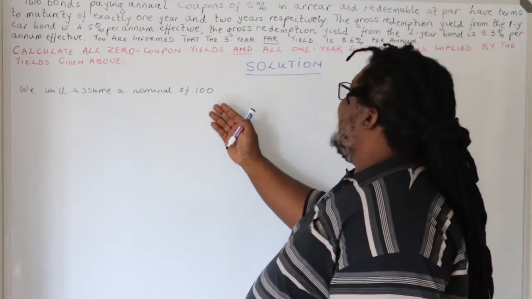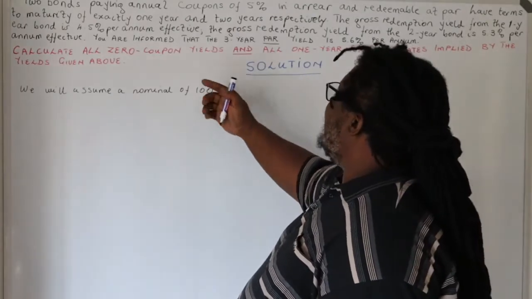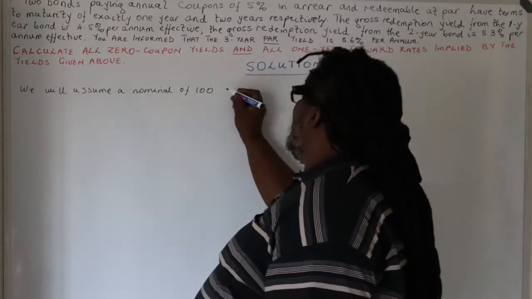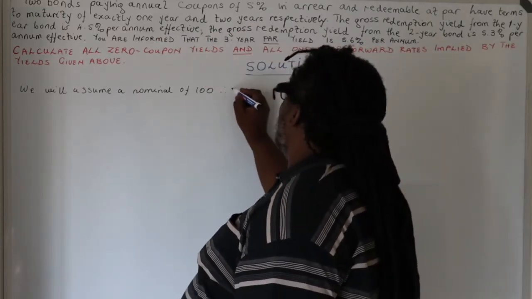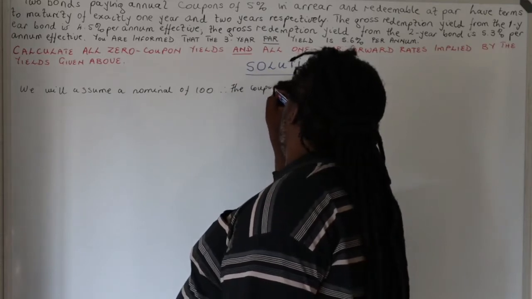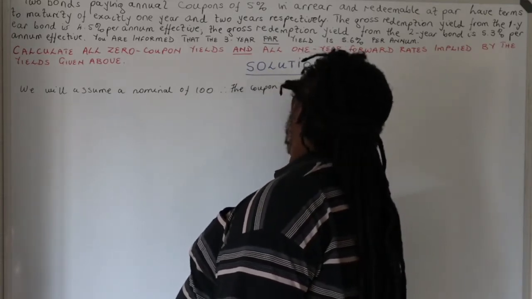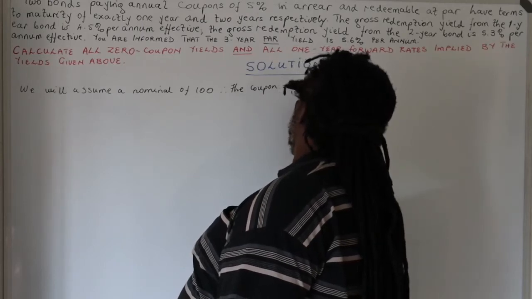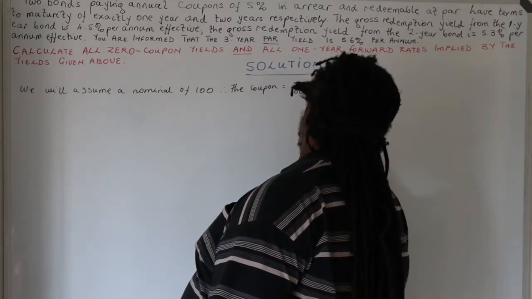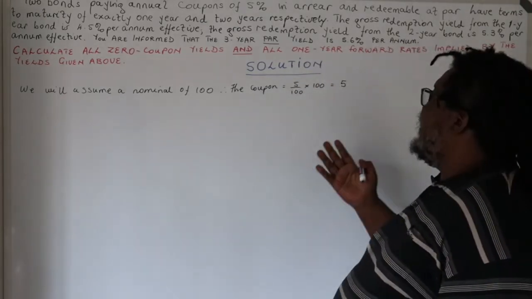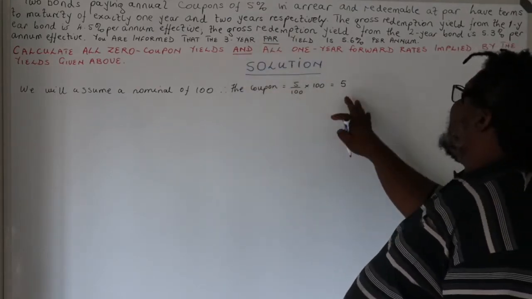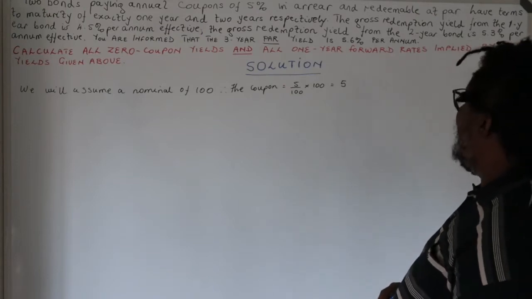And therefore, if our nominal is 100, the bonds are paying a coupon of 5%. So the coupon equals 5/100 times our nominal of 100. That gives us 5. This is done just to make sure that we have got a round figure for our coupon.